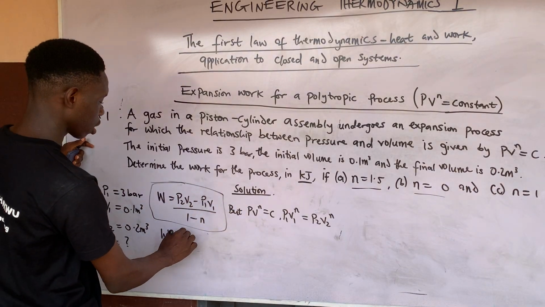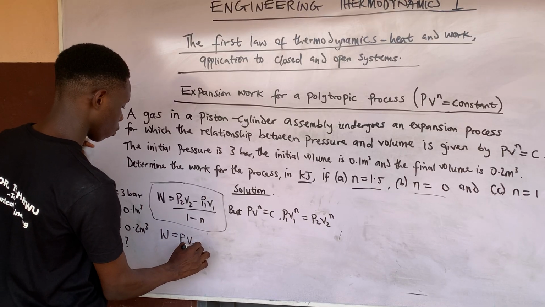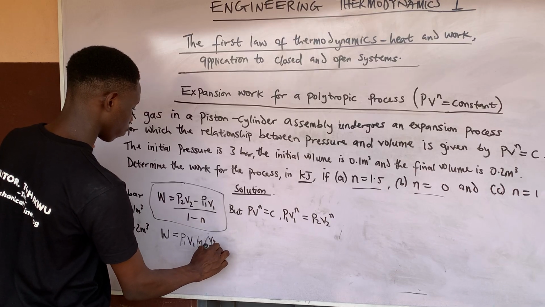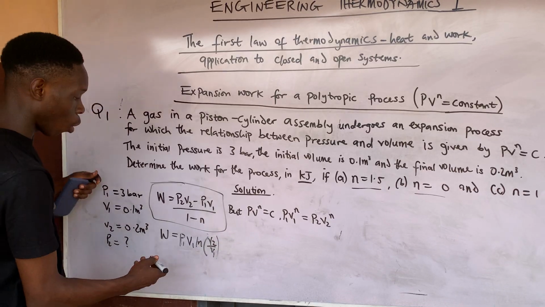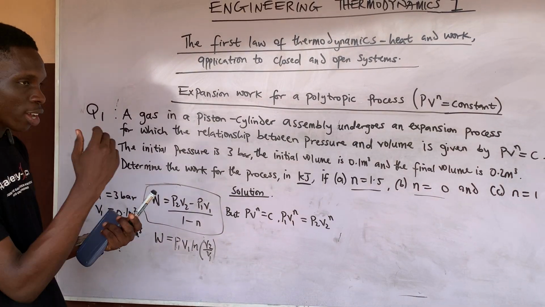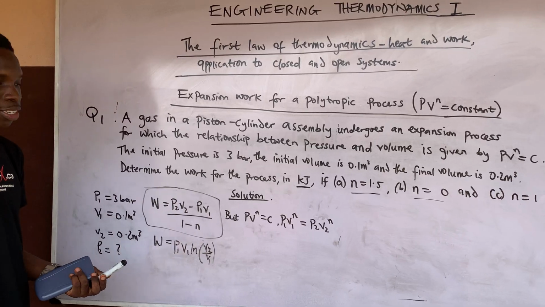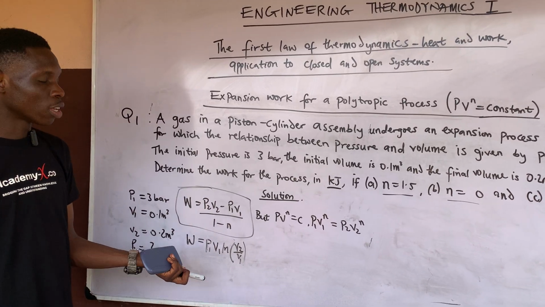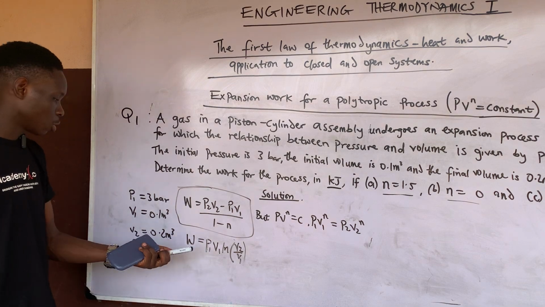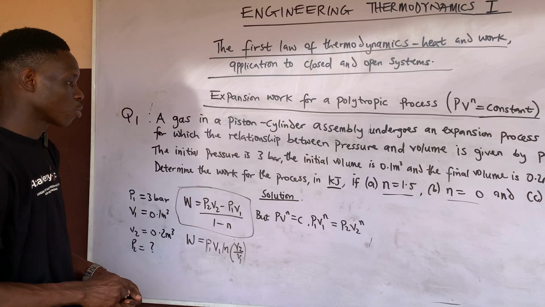We are using this rather: P1 V1 ln V2 over V1, or the other one, P2 V2 ln V2 over V1. But I'm not using the other case because I would need to calculate P2 to evaluate W. But I have P1 and I have the rest. So without calculating P2, you can still find the work for this process.